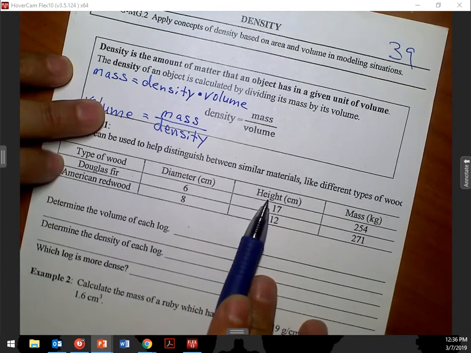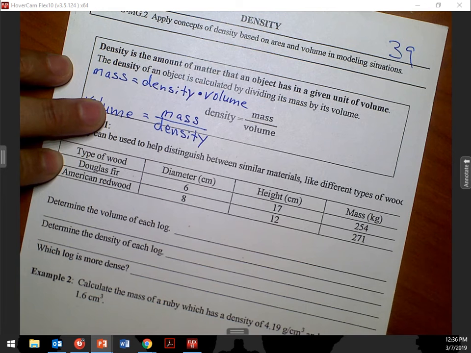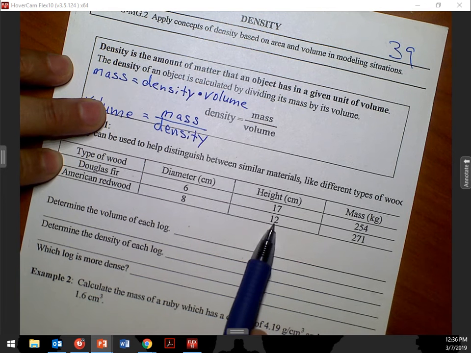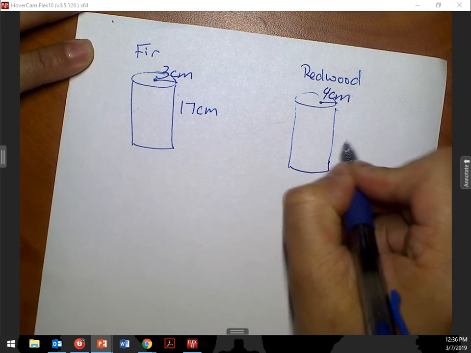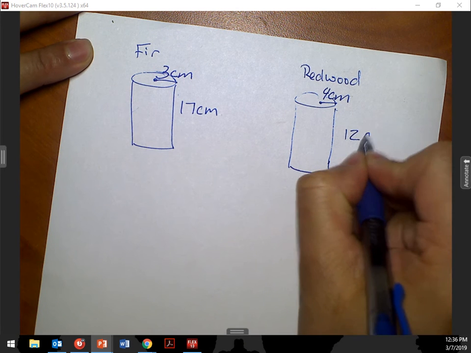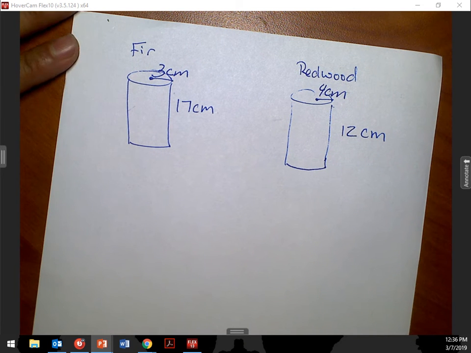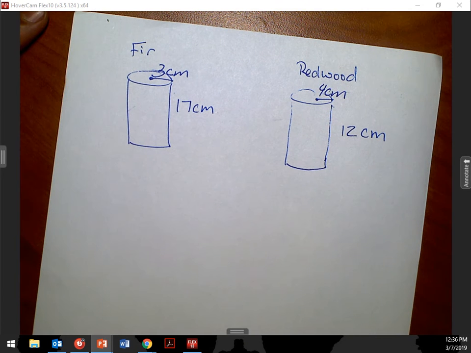The height of the fir is 17, and redwood is 12. So right here I'm going to put 17 and 12. Okay?